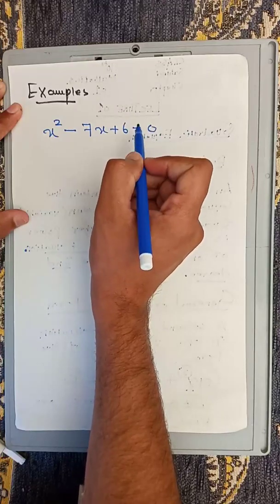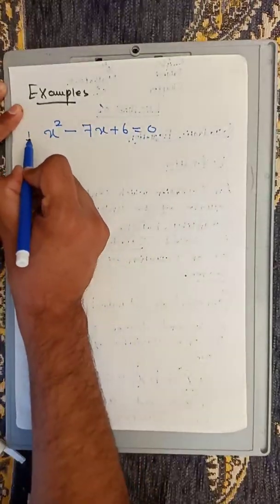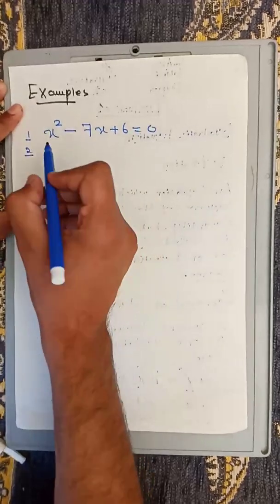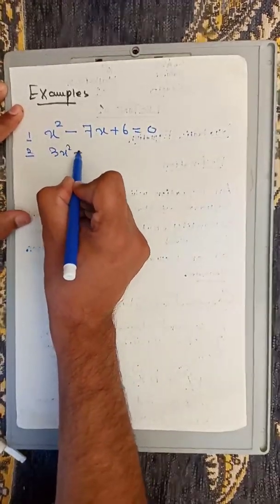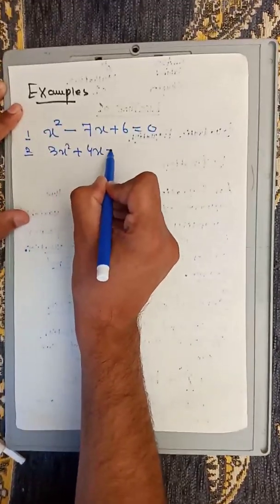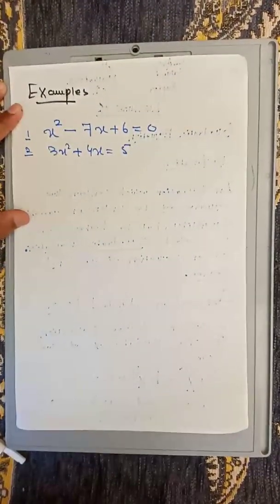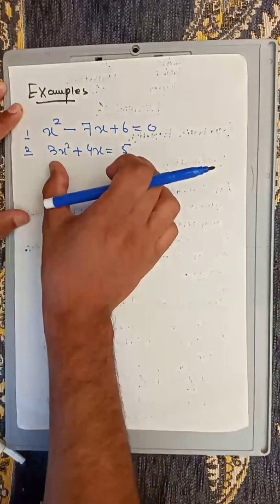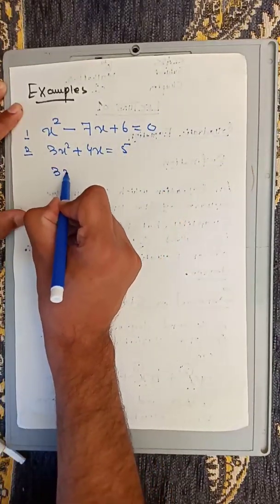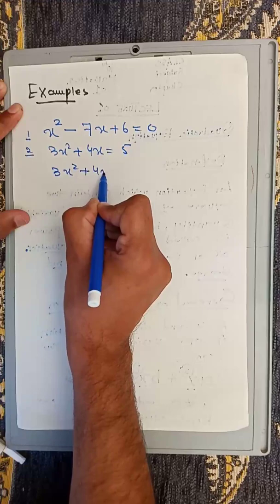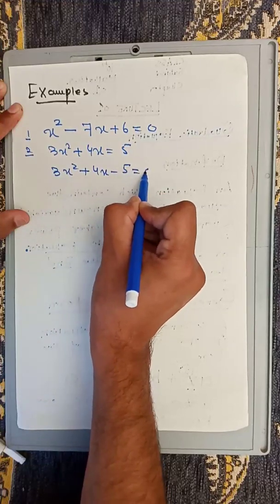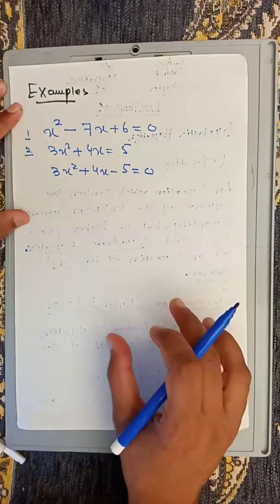Okay students, and another one, for example, I take 3x square plus 4x is equal to 5. You can also write this equation as 3x square plus 4x minus 5 is equal to 0.